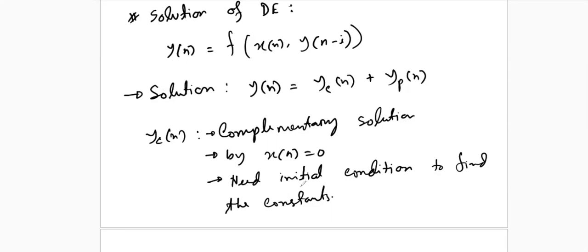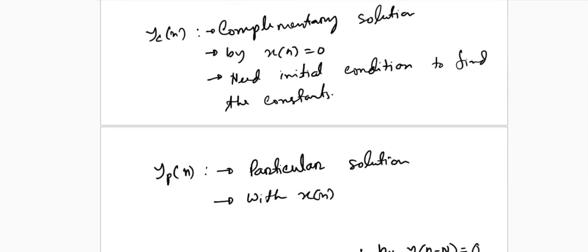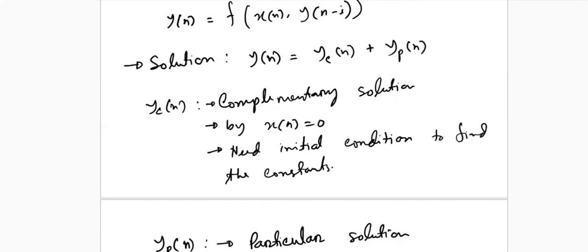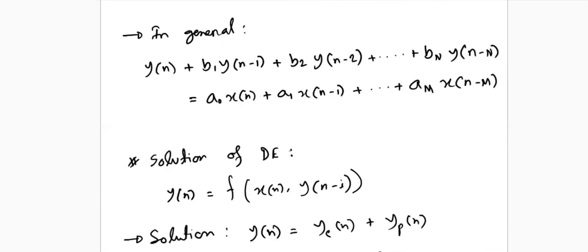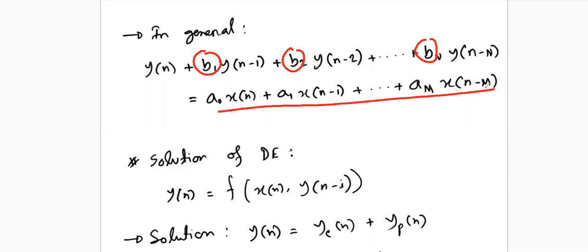We need the initial condition to find the constant, where the example will show us the constant. I'm talking about this constant. These are the constants from the example. Because as you know, for the complementary solution, the inputs are 0.